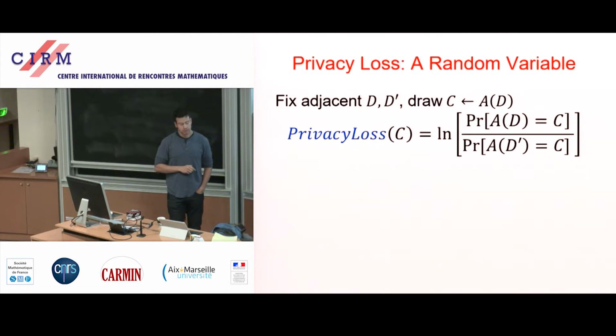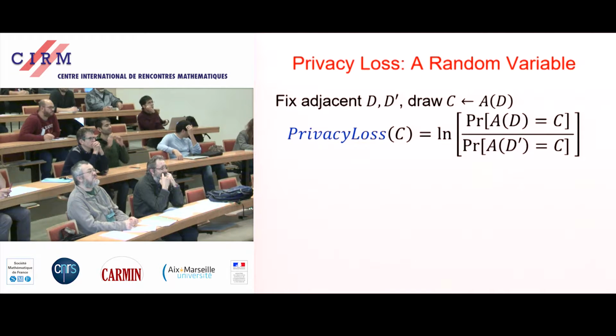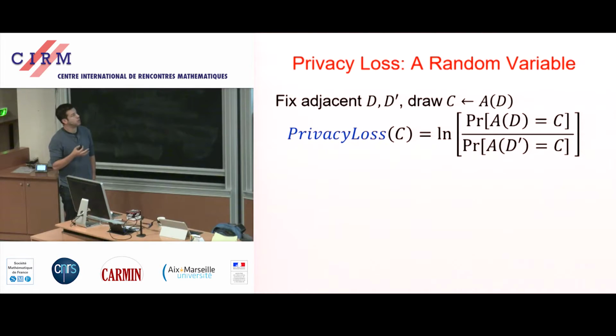Okay, and what I really want to make explicit in this formalization, and the reason I wanted to present it this way, is that really we can look at this quantity that we refer to as privacy loss, or the privacy harm that's happening to an individual, as a random variable over the coins of the algorithm.